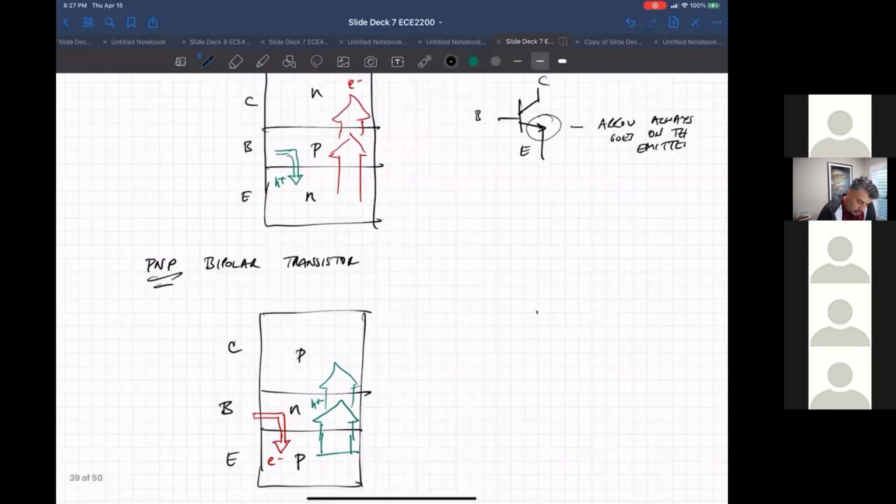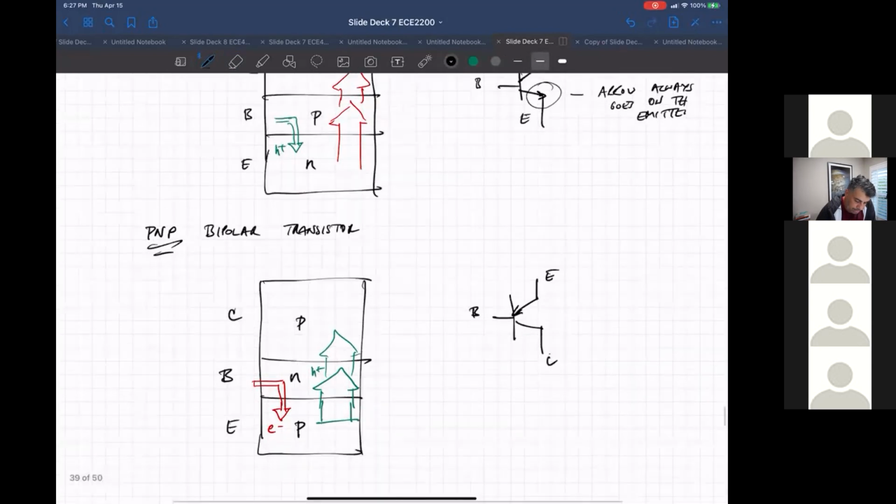Now, for the PNP, the arrow is still on the emitter, but it points in rather than pointing out, trying to imply a direction of the current. Sorry, this is the emitter. So the arrow is always on the emitter.